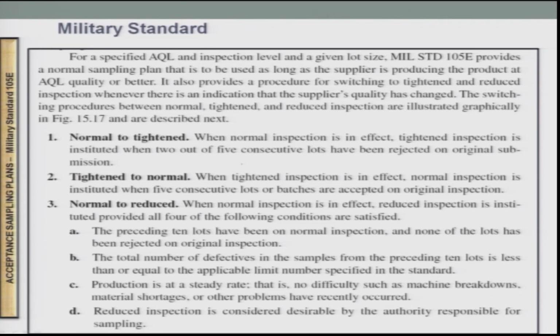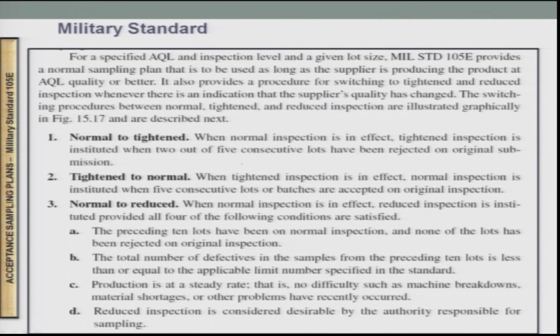The preceding 10 lots have been on normal inspection and none of the lots have been rejected on original inspection. So, that means you are changing from normal to reduced. All 4 have to be satisfied. The second one is that the total number of defects in the sample from the preceding 10 lots is less than or equal to the applicable limit number specified in the standard.